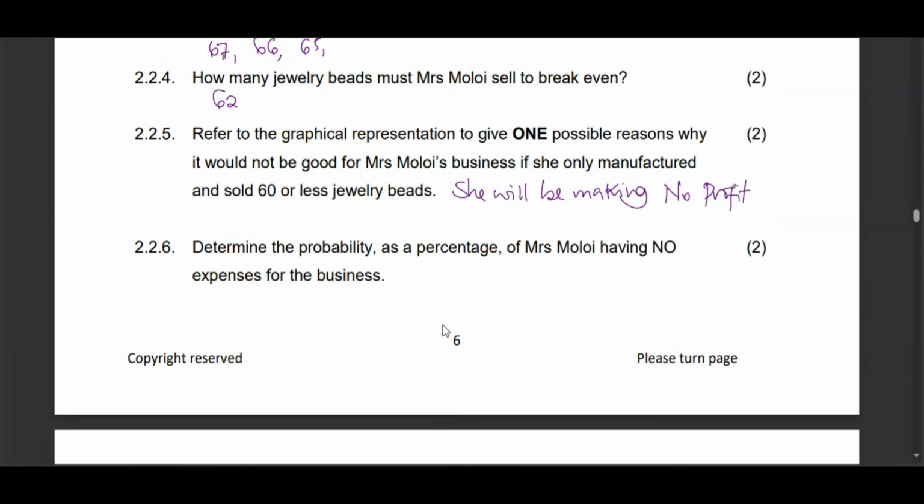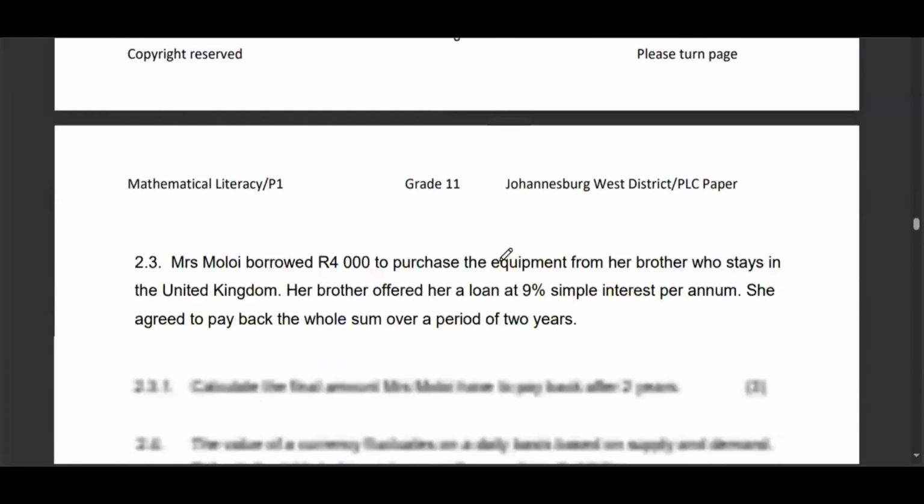Negative profit. Determine the probability as a percentage of Mrs. Molloy having no expenses for the business. It's 0%. The probability that she can't have expenses, it's already there. She has expenses already. That's why it's 0.